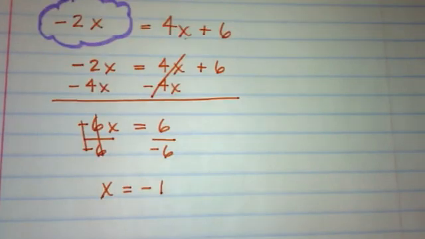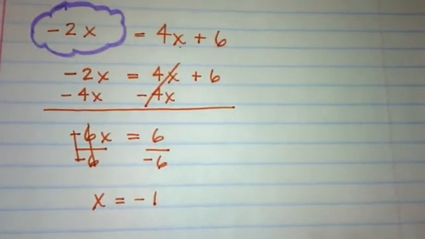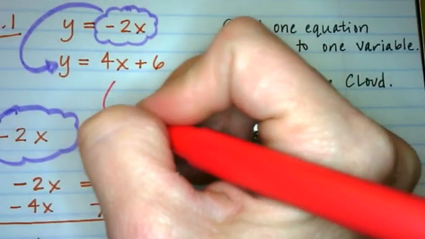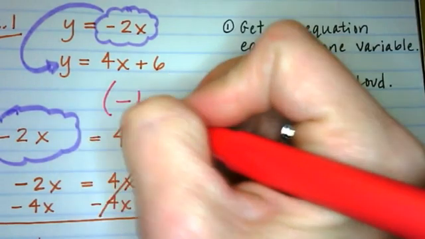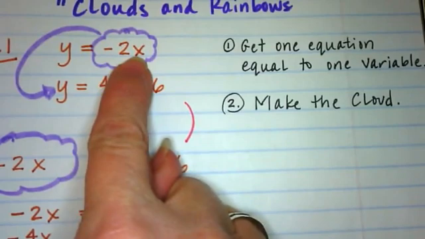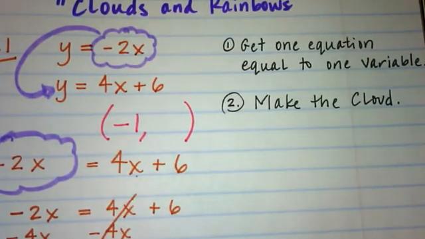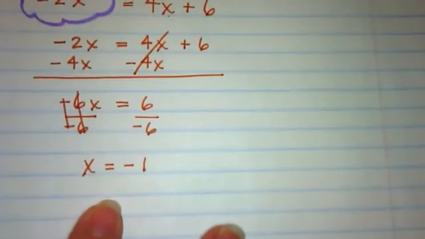All right, so now what this means is that these two lines are going to meet at the point negative 1, something. So now I need to figure out what that something is. If I know x is negative 1, then I can go back up here and fill in negative 1, because I know that x is negative 1.